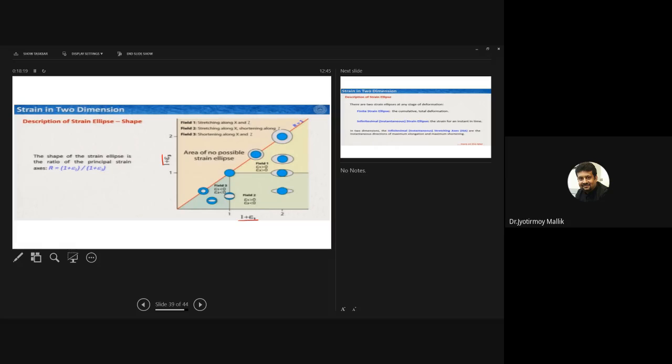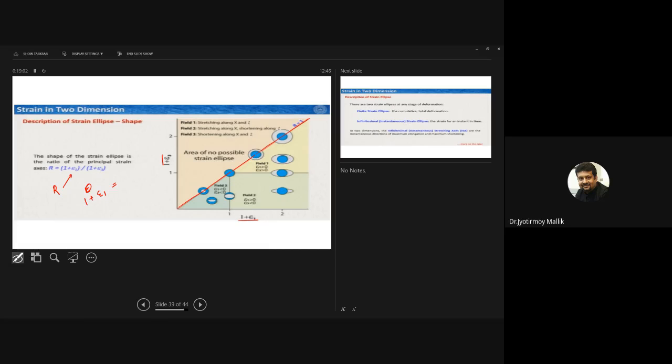Now r is defined as 1 plus epsilon 1 by 1 plus epsilon 3. So r equals 1 will be defined by a line having a 45-degree slope in this particular xy plot. You can see that if r equals 1, then 1 plus epsilon 1 is equal to 1 plus epsilon 3.